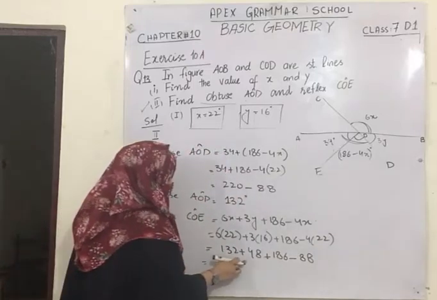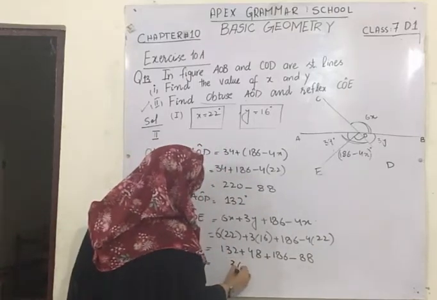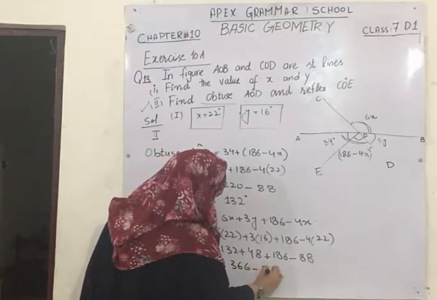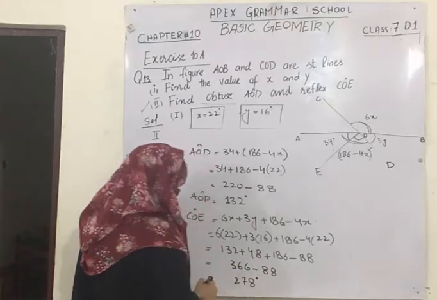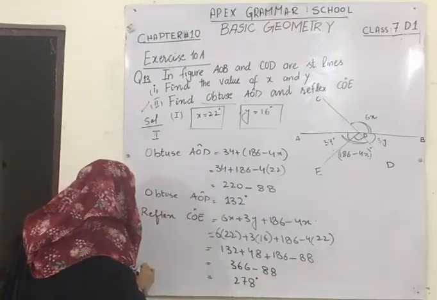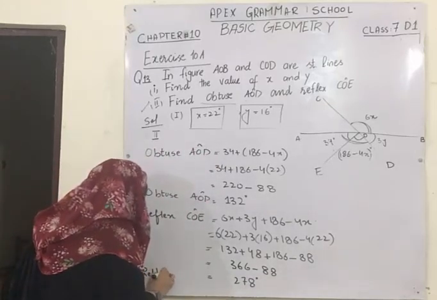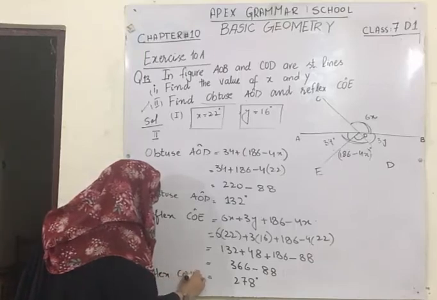First I am going to add all these three terms, and I will get 366 minus 88, and after subtraction you will get 278, which is your value of reflex COE.